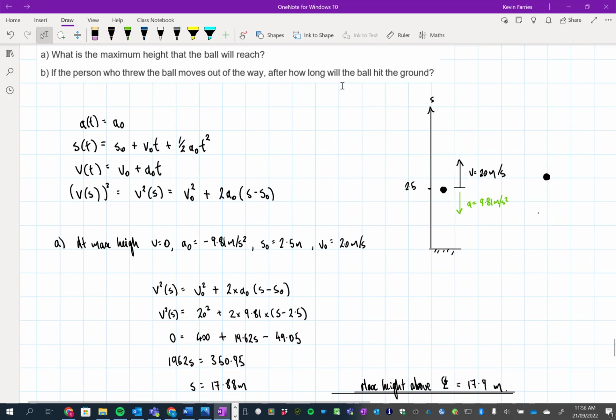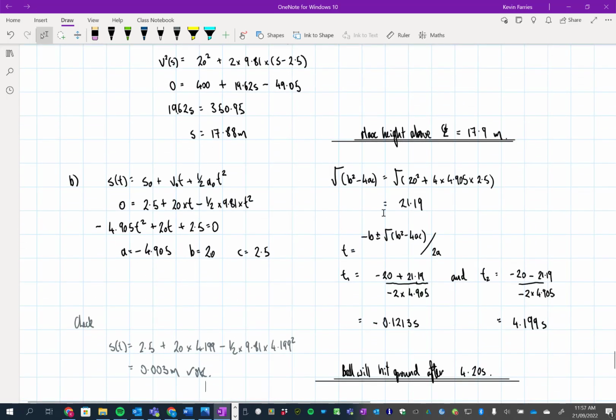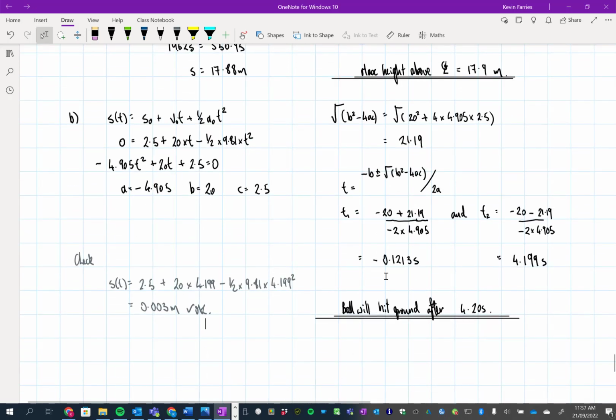For the second one, we're looking for the time it takes for the ball to hit the ground again. So we know when it hits the ground that the displacement is going to be 0. So we're using that to make an equation here. Then we're using the stuff we learned about how to solve quadratic equations to get an answer. And we're looking for which answer is sensible here.